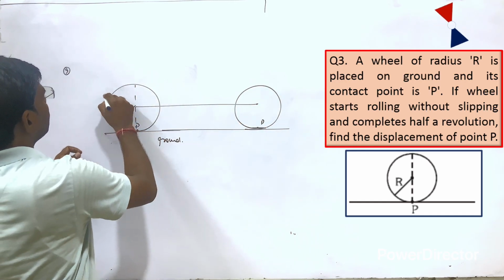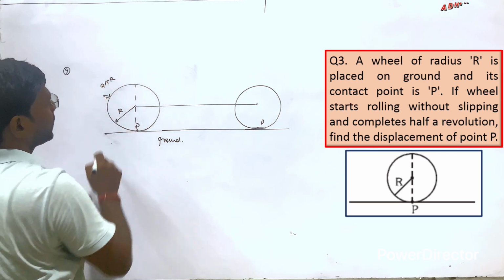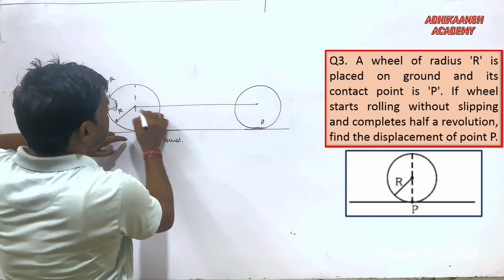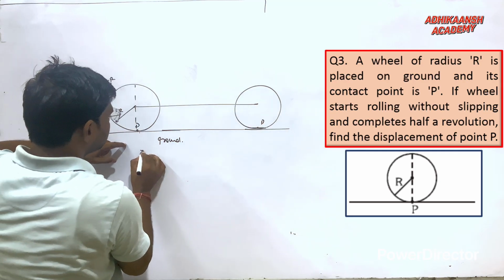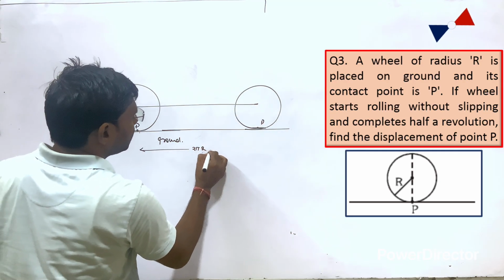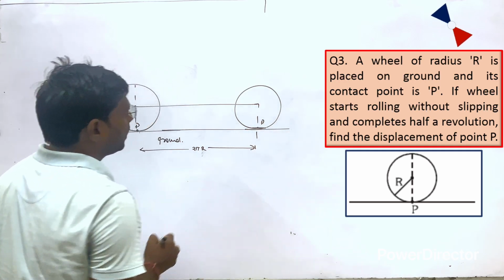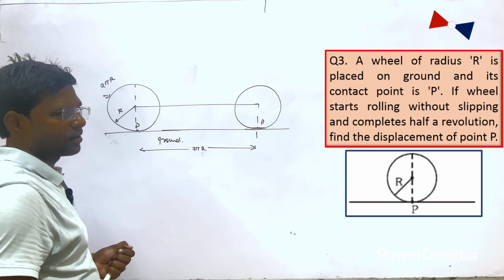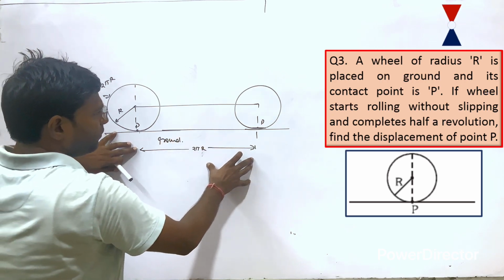The circumference is 2 pi r. So in one complete revolution, the center to center distance, or this distance, will be what? It is nothing but equal to the circumference of the wheel, right? So this is the one full revolution.